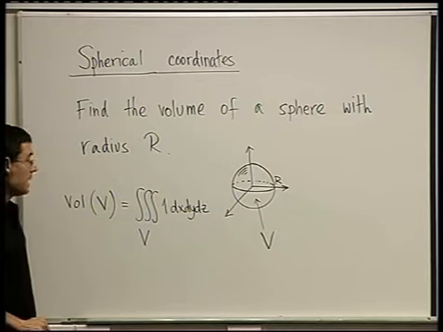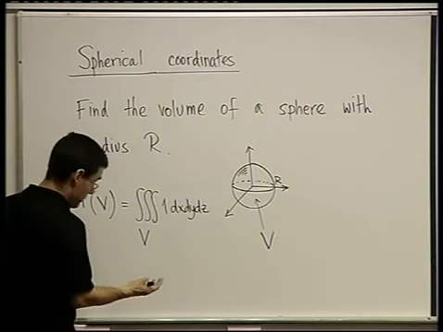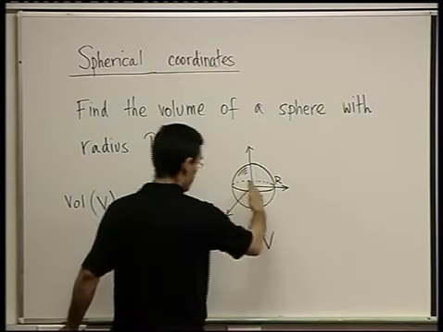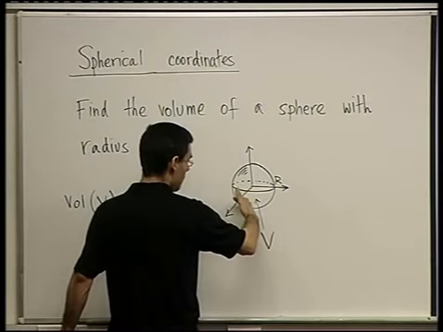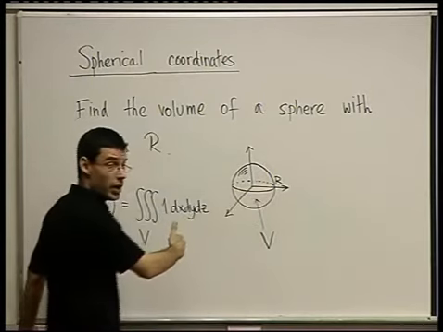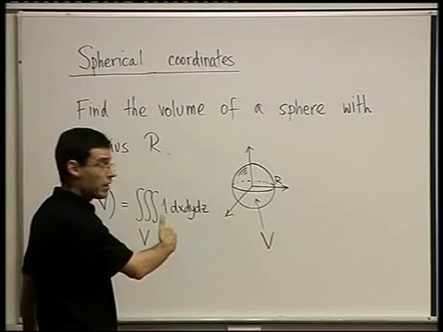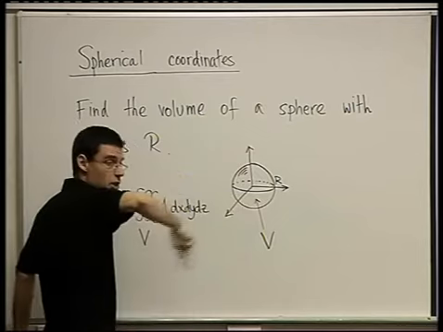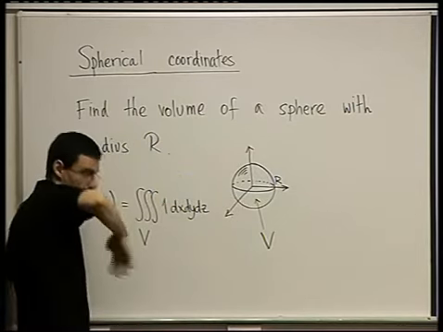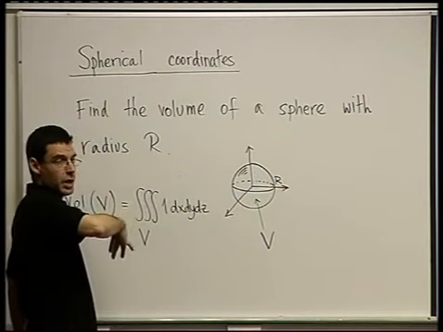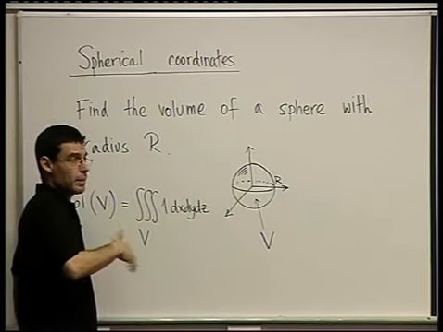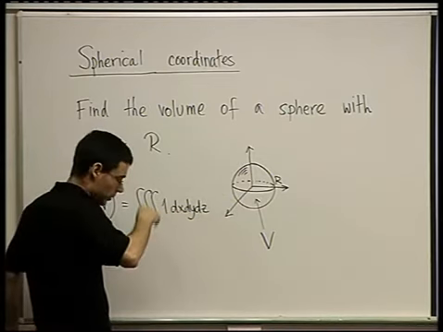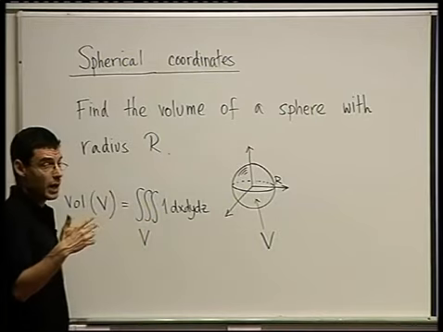Okay. Now you could solve it without changing variables. You're going to have to be very careful. So for example, the x's go between minus r and r, right? For every x, the y's go from, and then you need the equation of the circle and take the bottom part, which is minus the root of 1 minus x squared, to plus the root of 1 minus x squared.